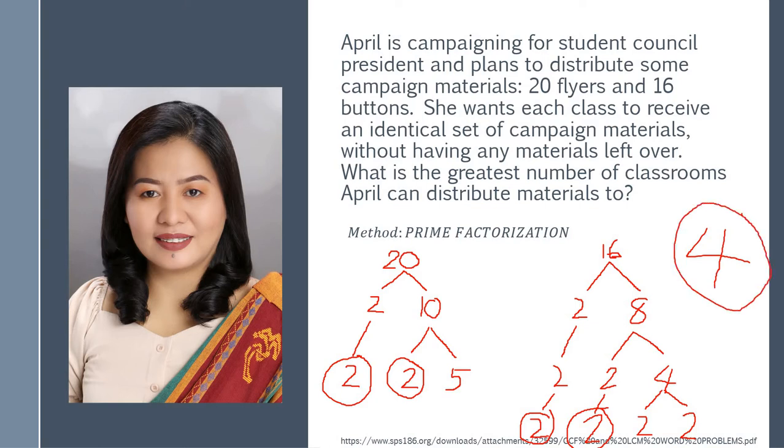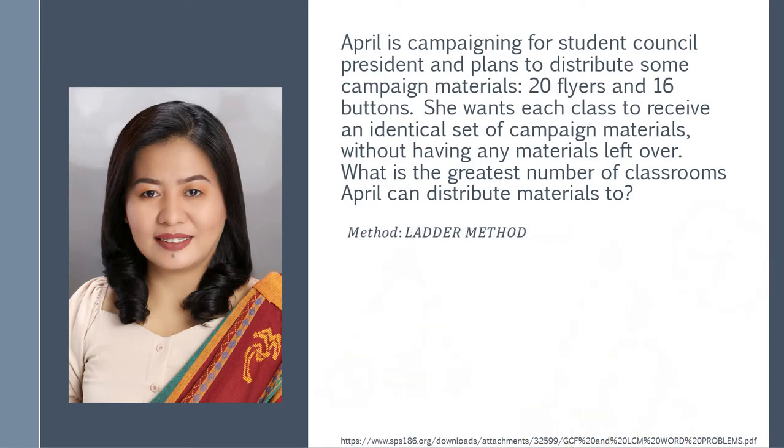Let's see if we will arrive at exactly the same answer using the next method. Our next method is the ladder method. More or less, they are similar but slightly different.